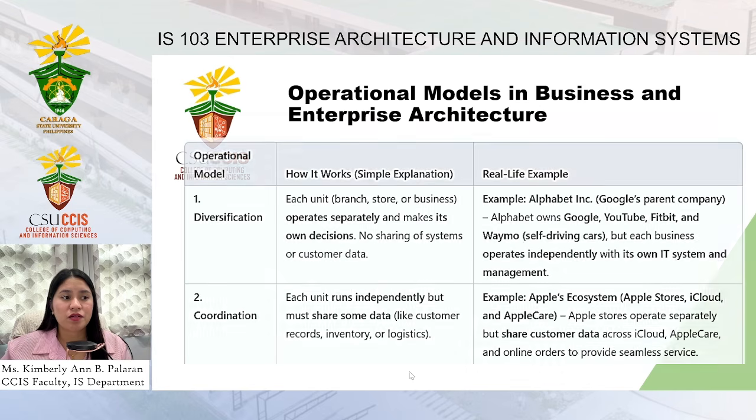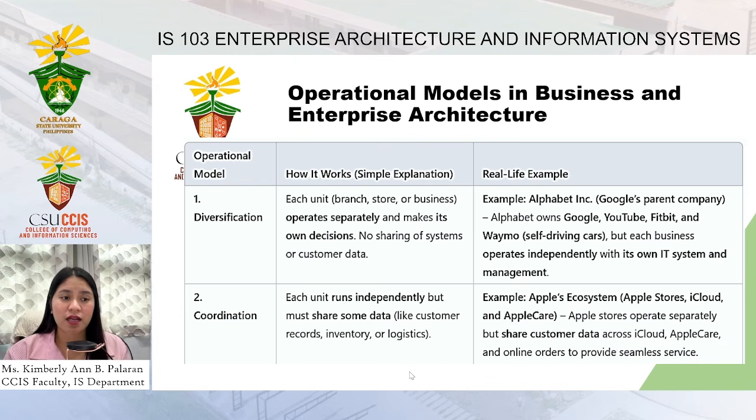So, let's take a look at first diversification. So, si diversification, each unit, a branch, store, or business operates separately and makes its own decisions. No sharing of systems or customer data. For example, if you're familiar with the Alphabet Incorporation, this is the parent company of Google.